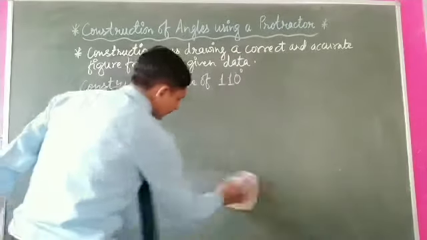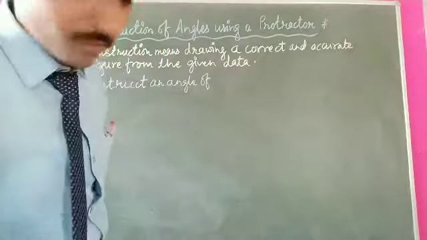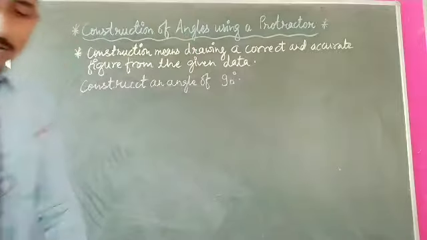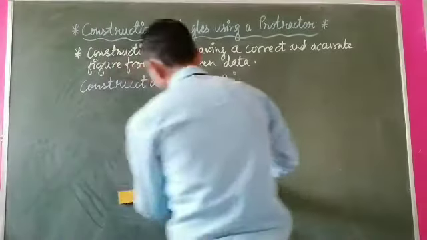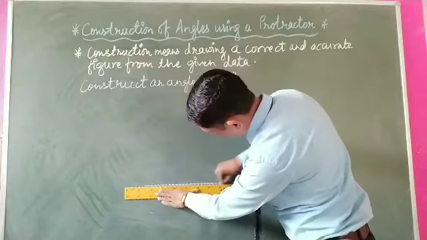Another example: construct an angle of 90 degrees. So what do we have to do? First draw a ray AB.